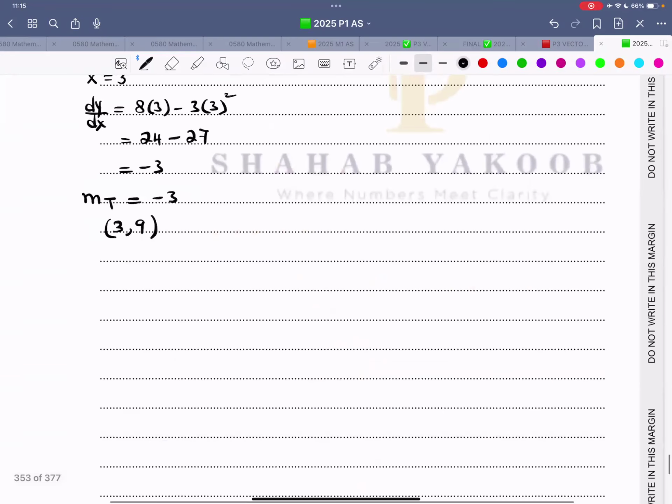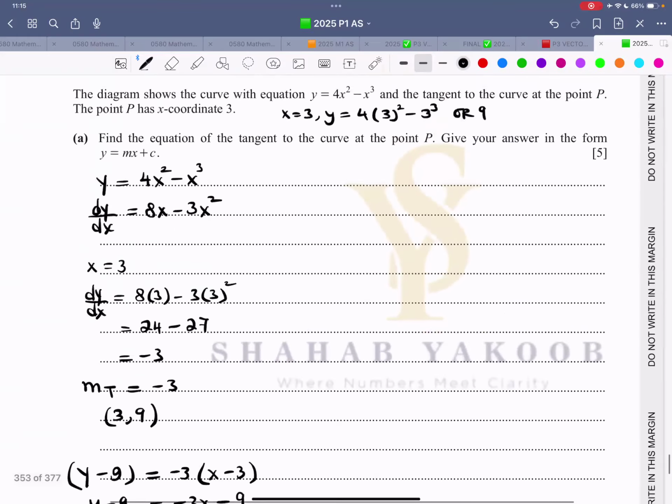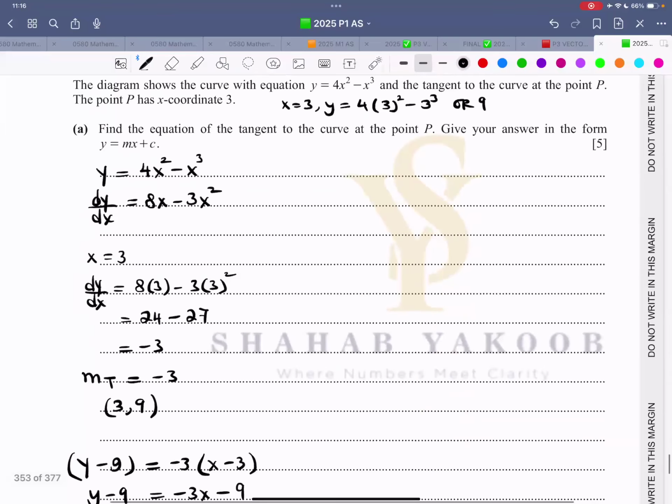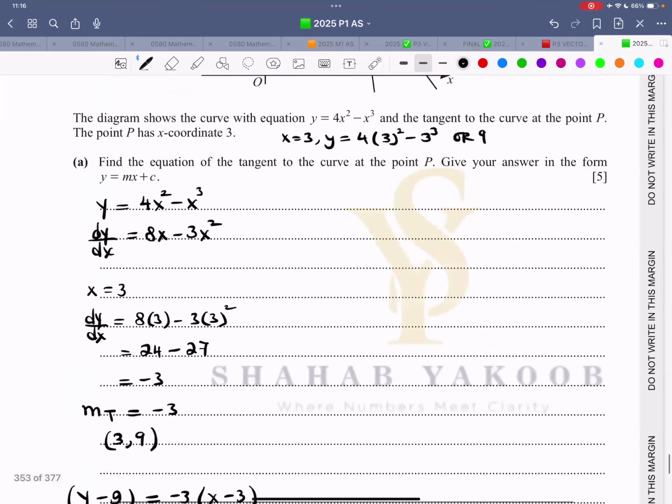What else? The equation y minus y1 is equals to minus 3 times x minus x1, expand, minus 3x minus 9, and this is y minus 9. So just double check. So now over here, this is positive 9, this is positive 3. The gradient is not 3, gradient of tangent, or is it normal?